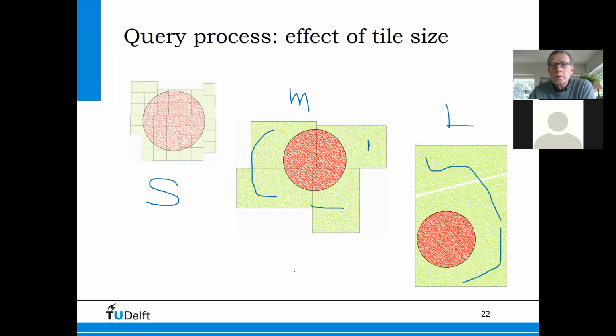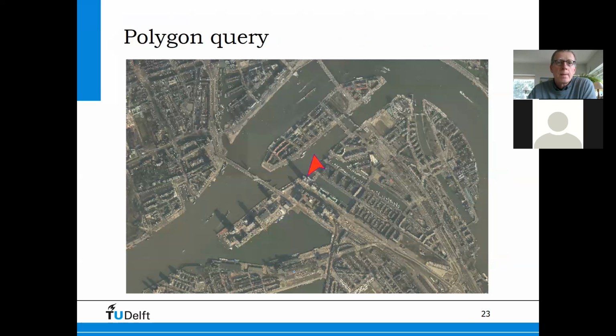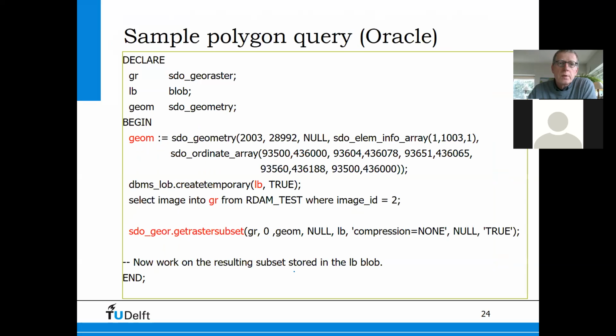But in the initial phase, a smaller tile results in less false positives. This is a query geometry. And here you see the pale SQL code, where this two-step procedure is illustrated.